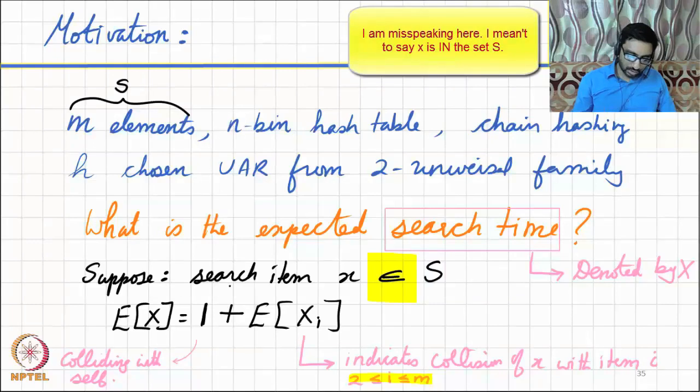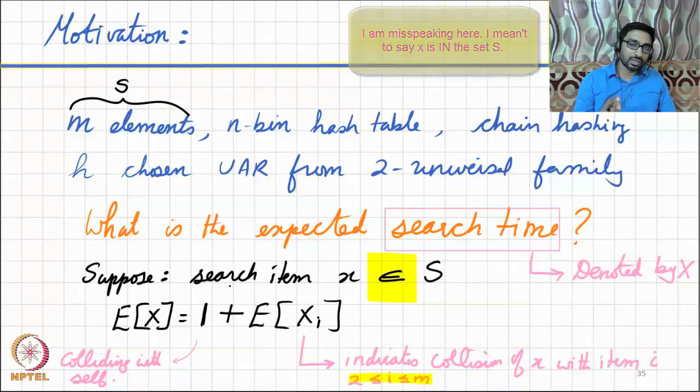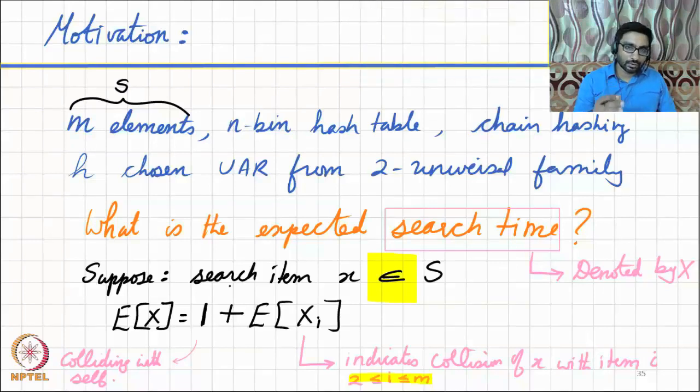Well, we can similarly bound the expectation of X, but now we need to be a bit careful. Because x is in the dictionary, we cannot use the indicator random variable for the item x in the dictionary, because x will collide with itself with probability 1. So we're going to isolate that by a separate 1, and for the remaining cases we're going to use Xi.